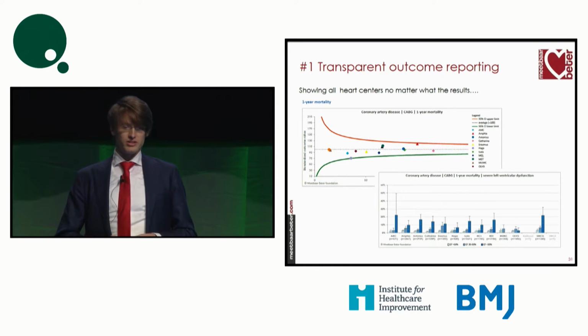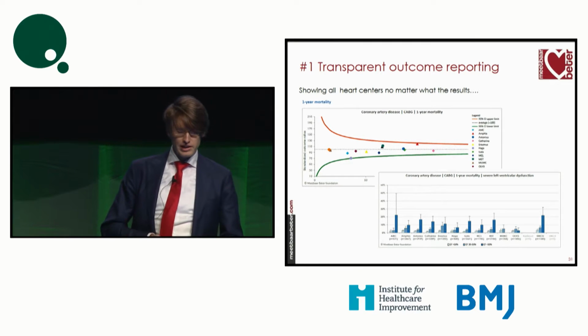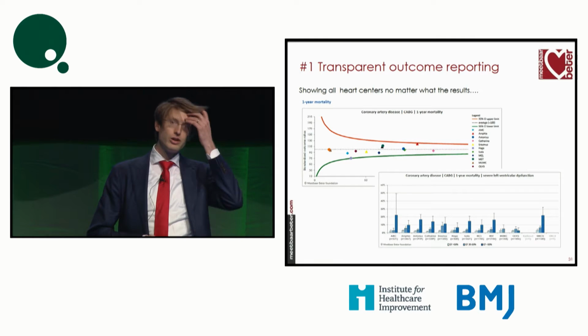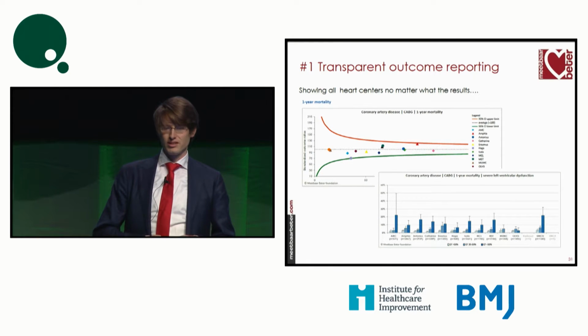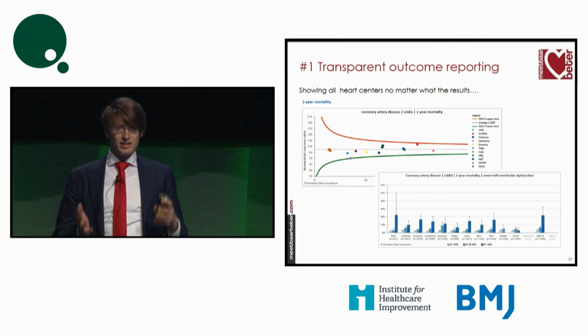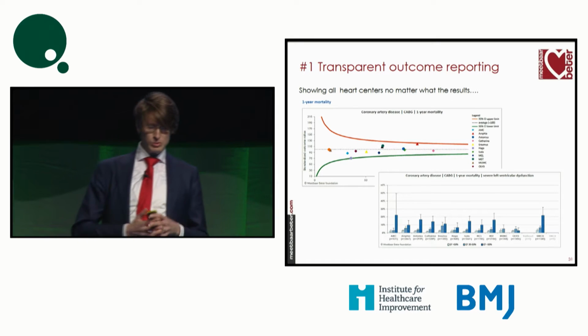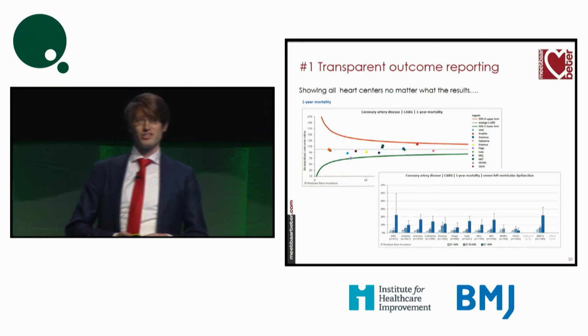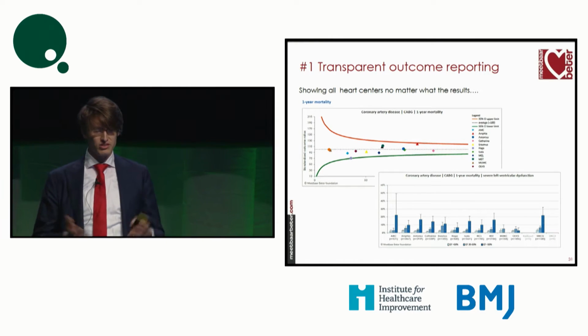But it also happens that centers are above the red line or below the green line, and that is where the learning starts. And I think that is one of our main messages, that this is something we use for improvement, and it's not that we want to say, okay, if you are above the red line, we give the results to the health insurer and you're not contracted anymore. No, it's a starting point for learning.